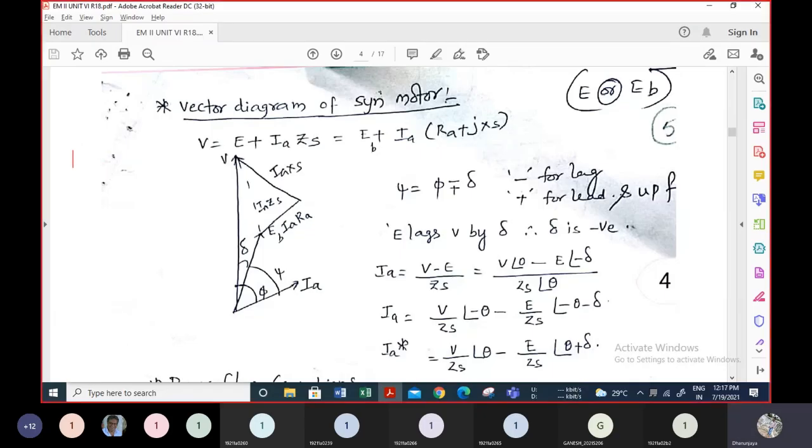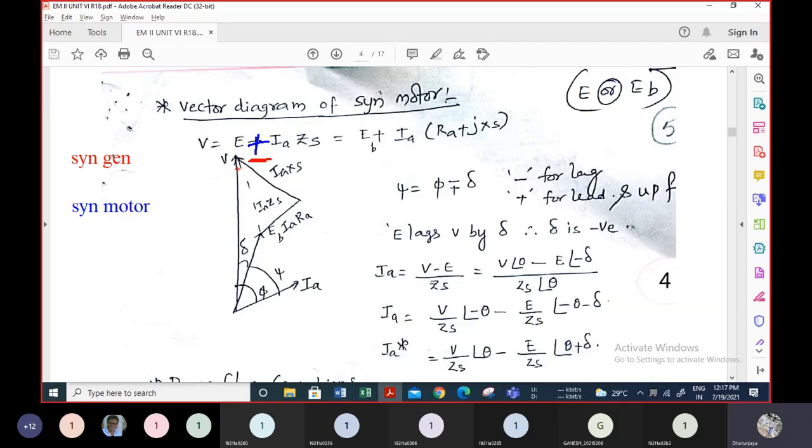Let's assume the synchronous generator is in red and the synchronous motor is in blue. If I specify plus for the synchronous motor, then for the synchronous generator it will be minus. So both are opposite here.